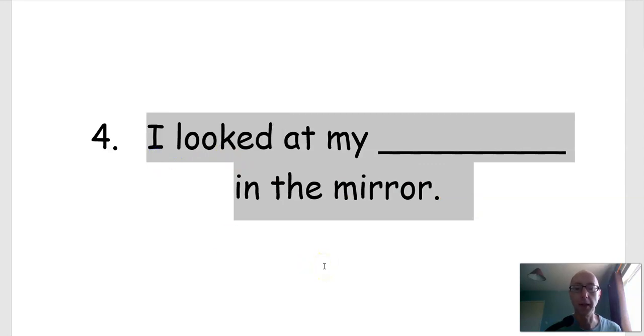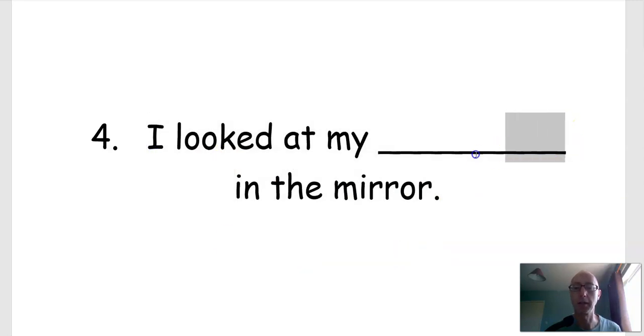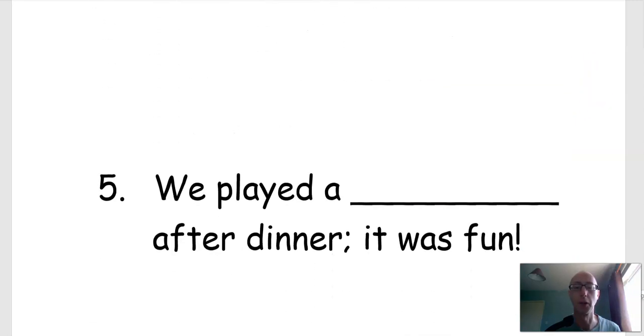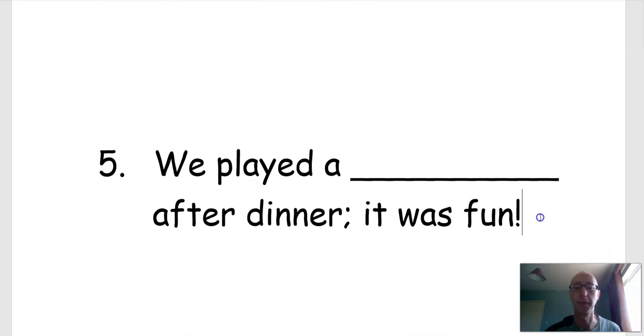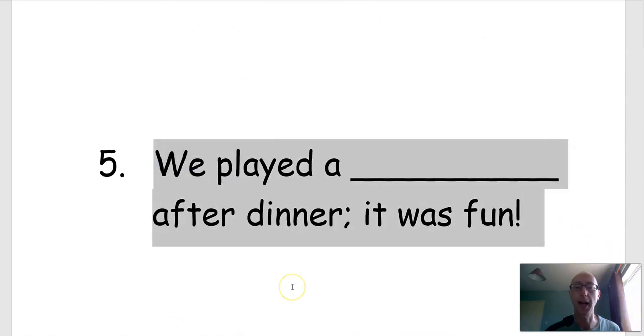I looked at my something in the mirror. Which one of the A words with E at the end do we use? Number 5. We played a something after dinner. It was fun.